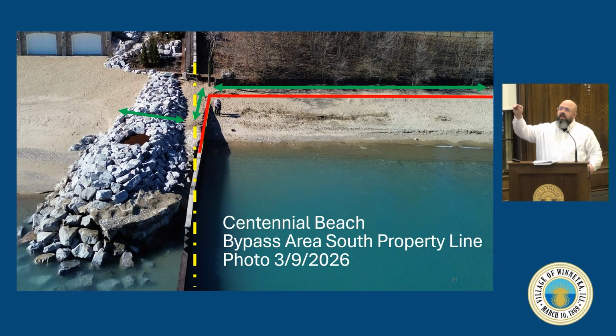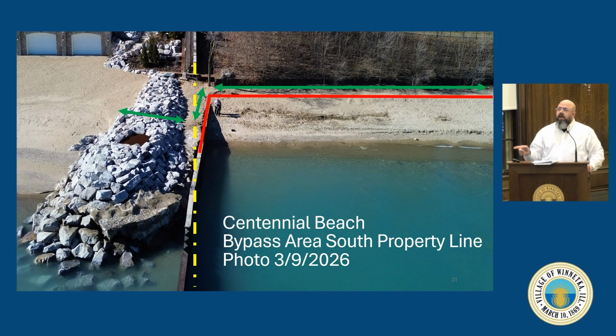So once again, at that location, you can see myself and my other parks crew members standing on the beach. That is the area just in front of that 52-inch drop-off that we showed you previously. So once again, you would walk over the natural stone steps as they were approved by both the IDNR and the Army Corps of Engineers and the Village of Winnetka as well for the access path over that structure.